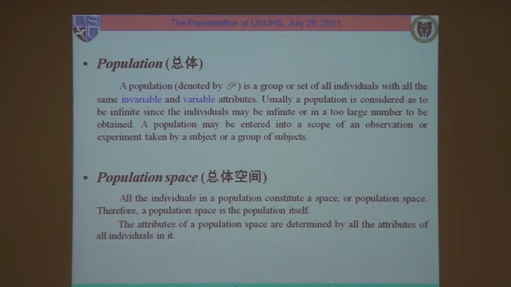This uses the population to define a space. The space is a general concept, but the population is a narrow concept in statistics. So the space must have all the attributes of the population. So the population is equal to population space. That's the same concept, because they have the same connotation.